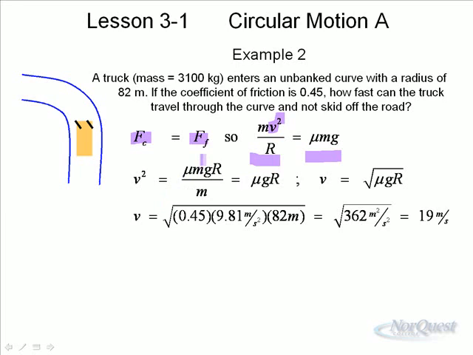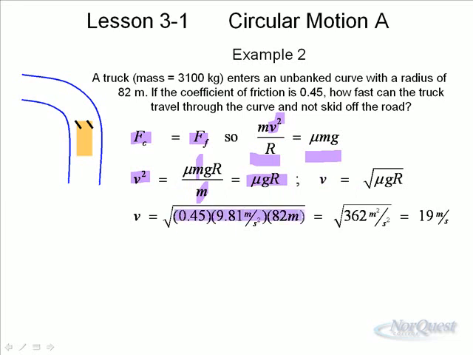Now one thing we'll notice is that the m on the top cancels the m on the bottom. That's interesting. What it means is, it doesn't matter how heavy the truck is. We don't even need to know the mass of the truck, because our v squared ends up breaking down into mu times gr. So v is equal to the square root of that.